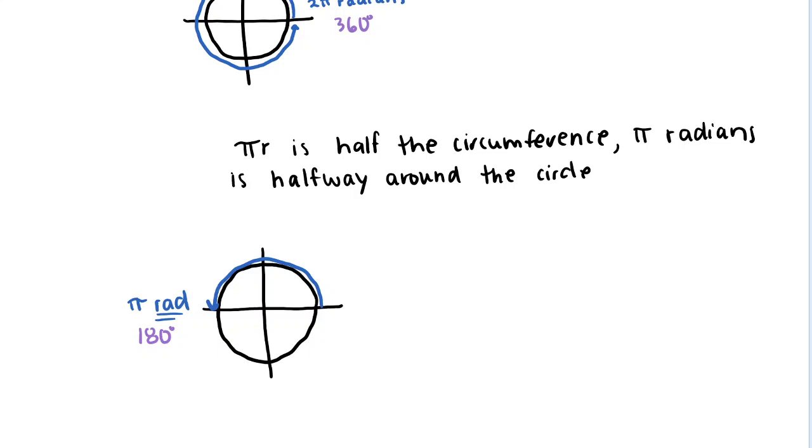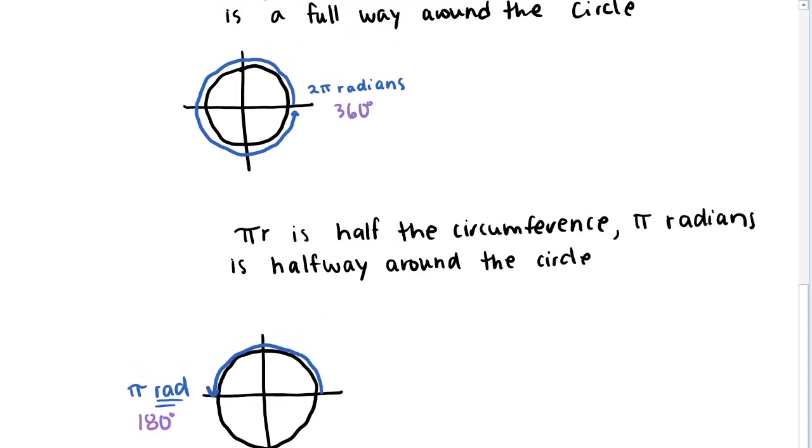Hopefully from these two examples you can get a sense of how radians measure angles. They measure angles in the same way that degrees do. In a lot of the previous examples, when we tried to determine where our common angles like 60 degrees, 30 degrees, 90 degrees, 45 degrees look like, we constantly compared them to 180 degrees.